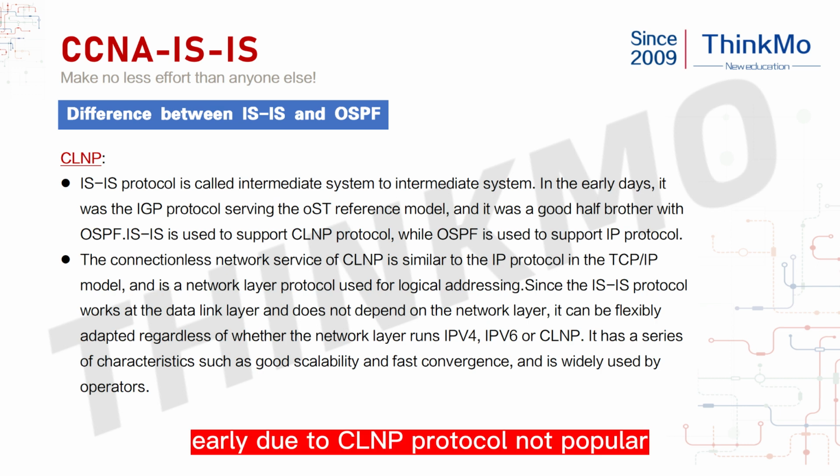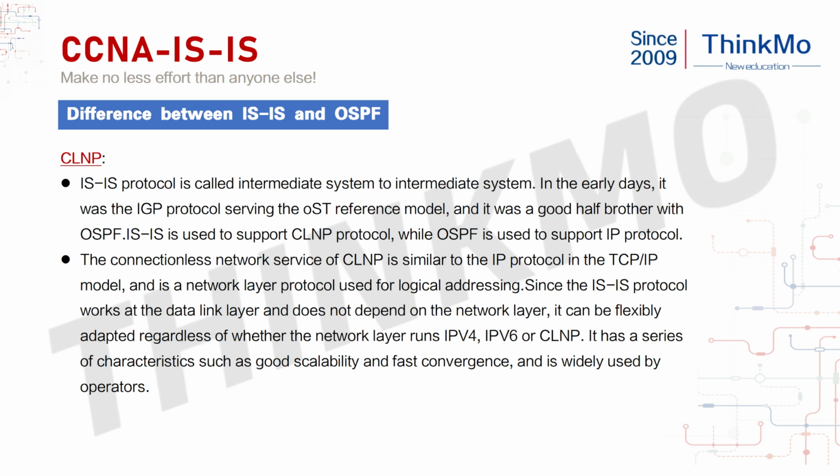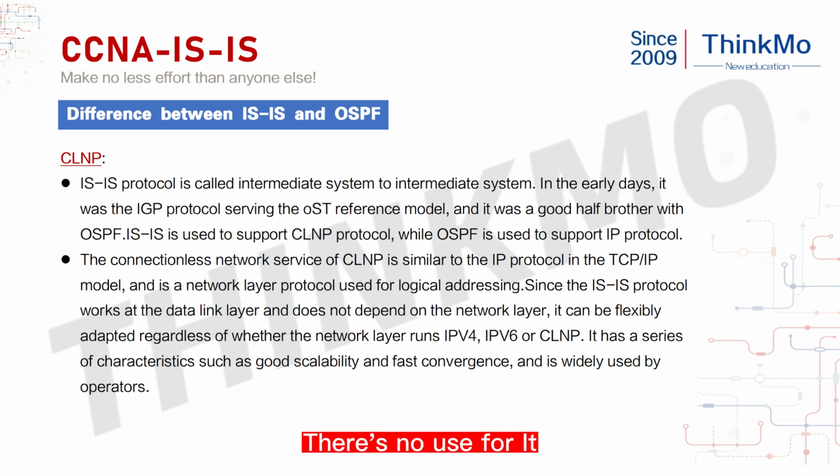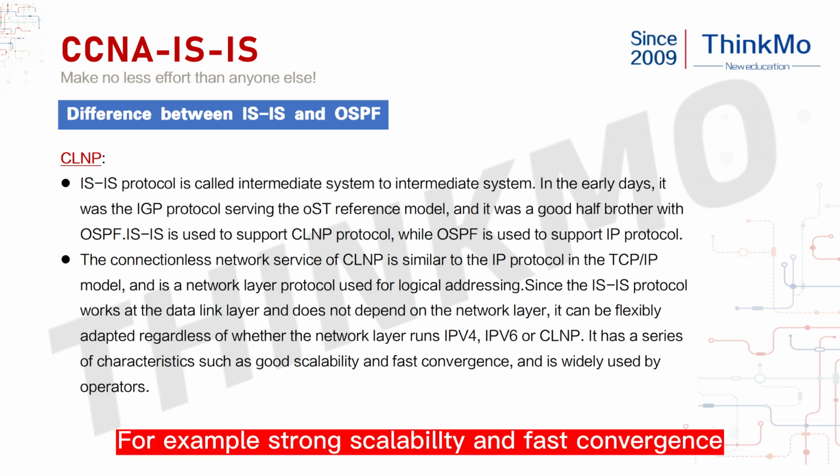Early on, CLNP was not as widely used as IP. Now it's always IP in the Ethernet environment, and CLNP is not widely used, so it got short shrift. A routing protocol designed based on CLNP had no use, so ISIS was gradually left out. But there are some benefits to ISIS, for example, strong scalability and fast convergence.